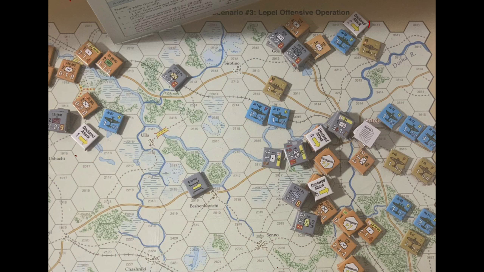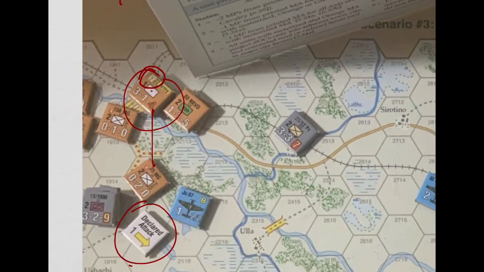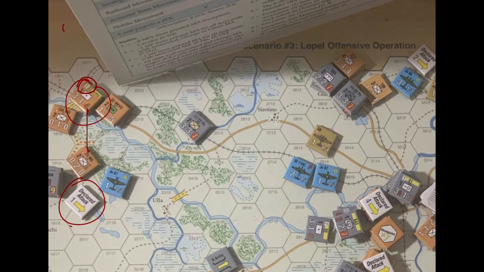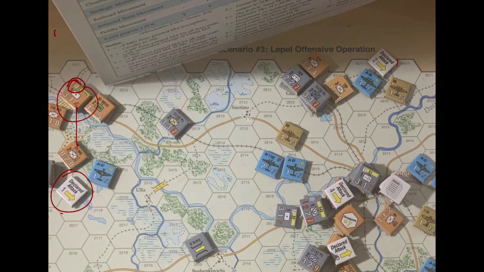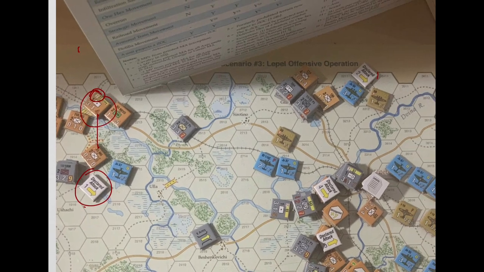Then the Soviet player can allocate artillery. For instance, in declared attack number 1, there is an artillery unit at a distance of 2 hexes. If you see, the range of the unit is on the upper left corner of the counter, and then you can use that unit for support.